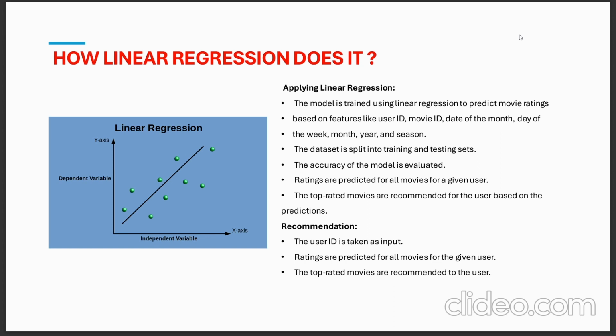The model is trained on training and testing data sets, and then the rating is predicted for each movie. We take the user ID as an input, the rating is predicted for all the movies in the data set, and the top-rated movies are recommended to the user. So the predicted score is used as a parameter for recommending.